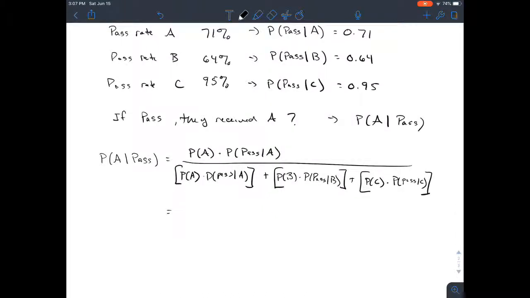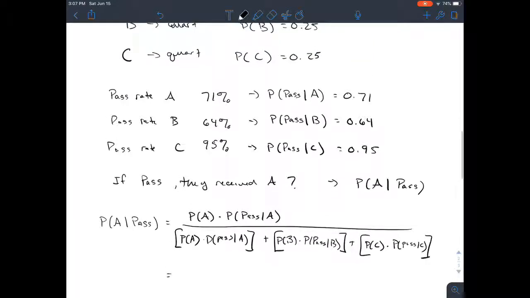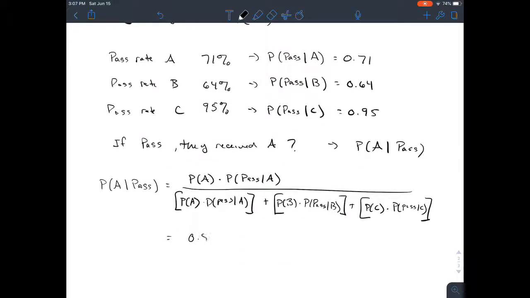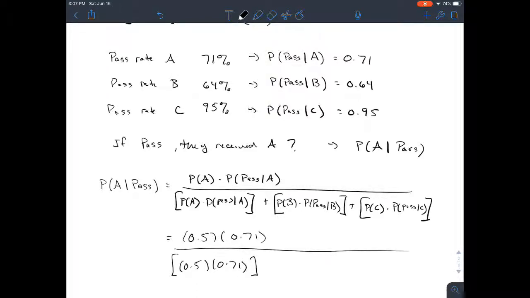And we can fill all of this in, right? Let's see. 0.5 times 0.71, divided by 0.5 times 0.71, plus 0.25 times 0.64, plus 0.25 times 0.95.